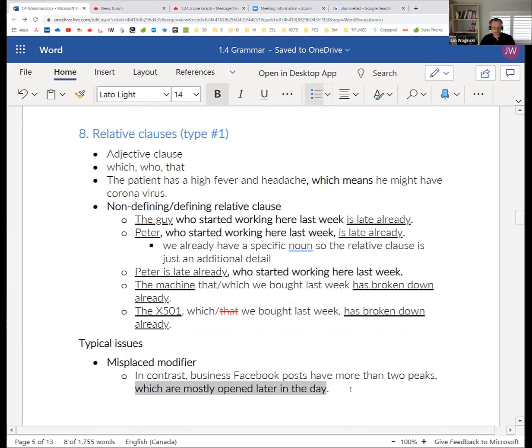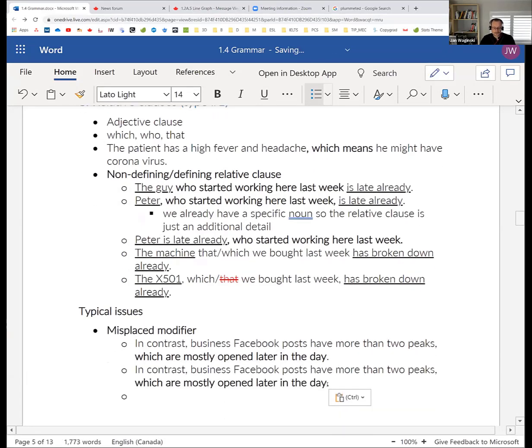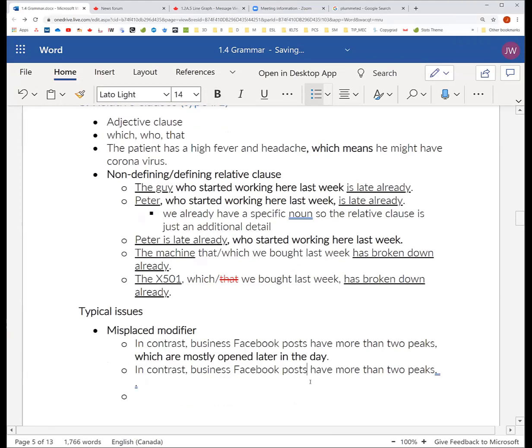Exactly. Not 2 peaks, right? So after posts, you put in which.